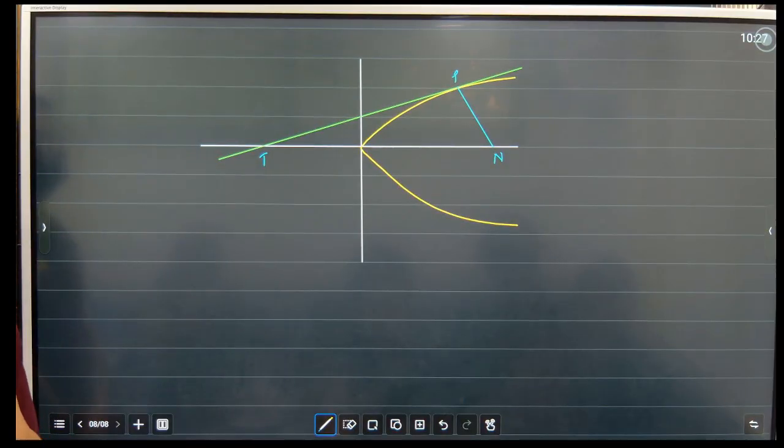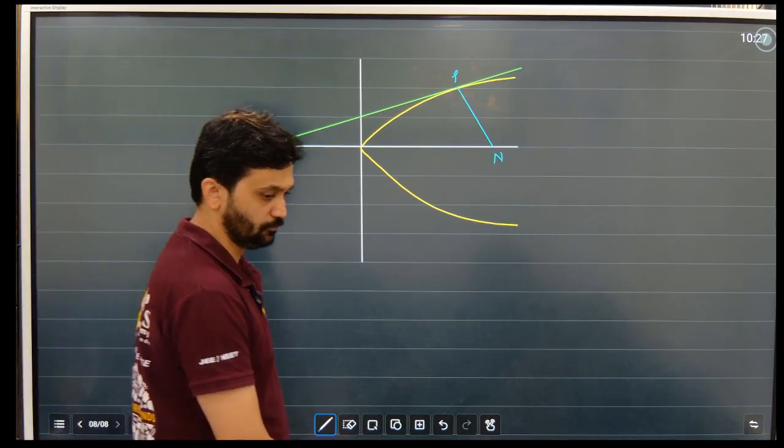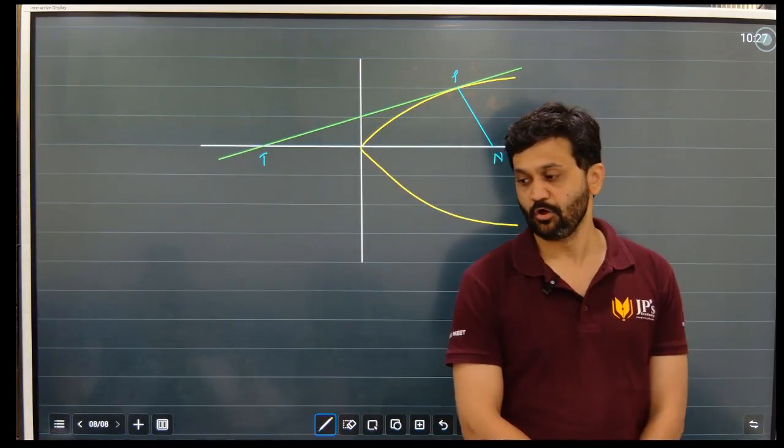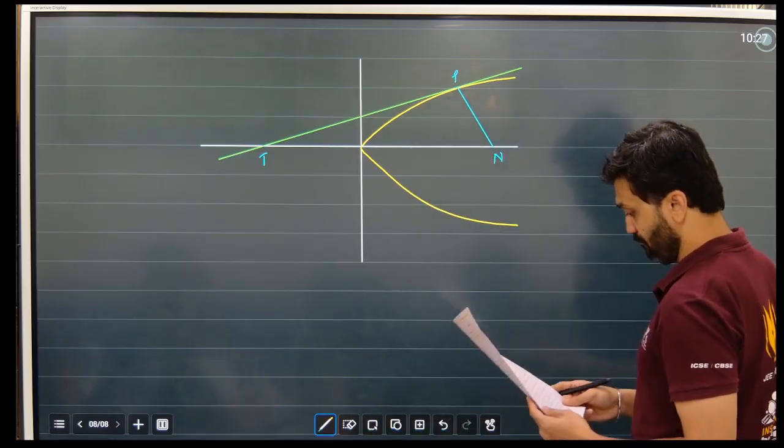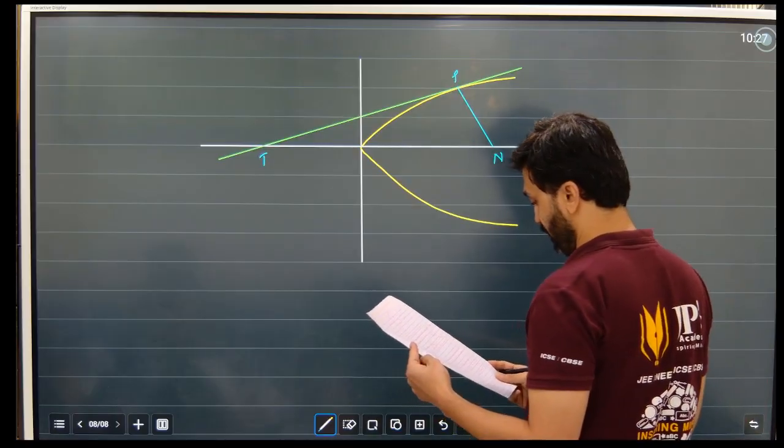Find the locus of centroid of triangle PTN.